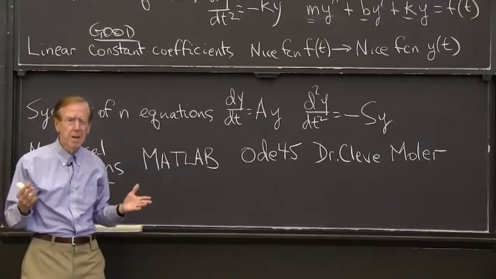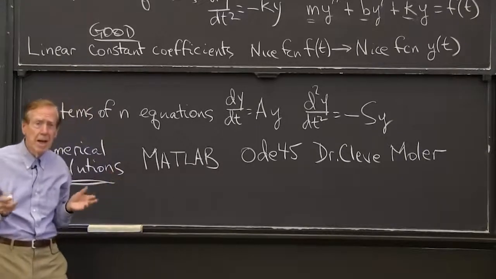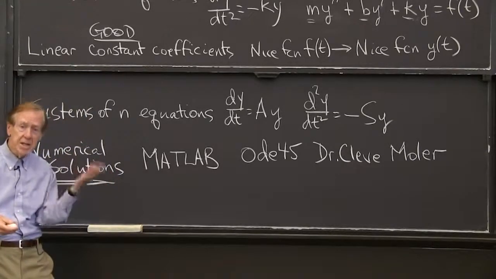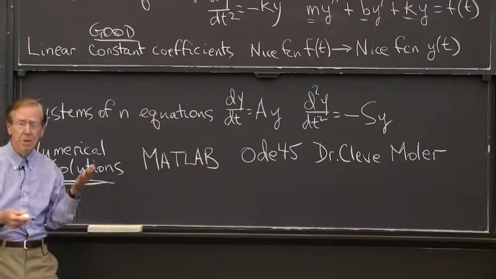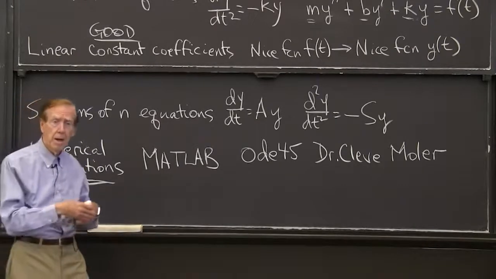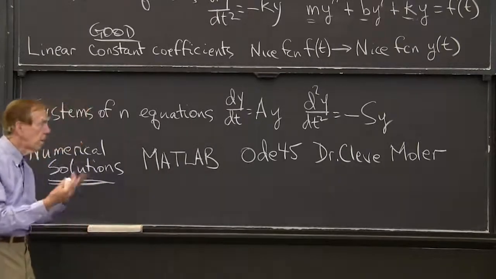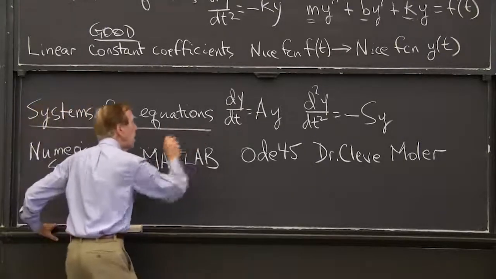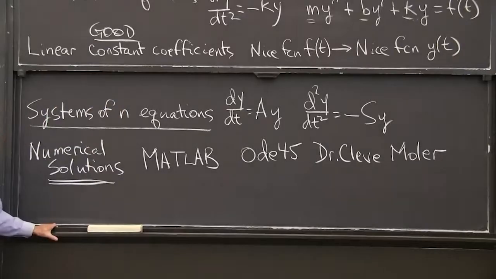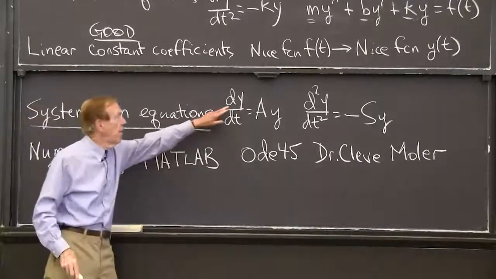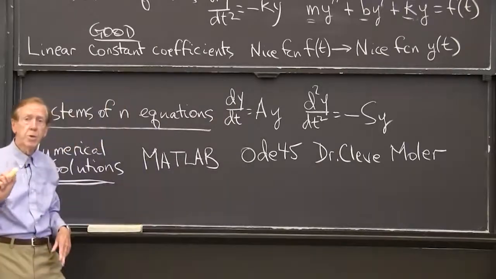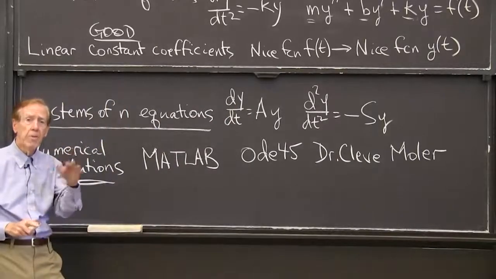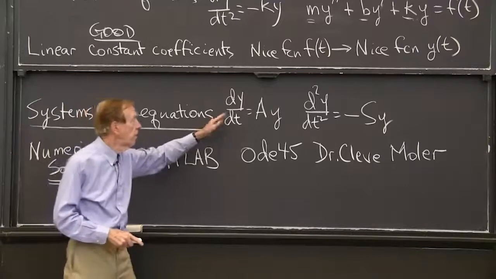Because a system doesn't usually consist of just a single resistor, a single spring. In reality, we have many equations, and we need to deal with those. So y is now a vector, y1, y2 to yn, n different unknowns, n different equations.